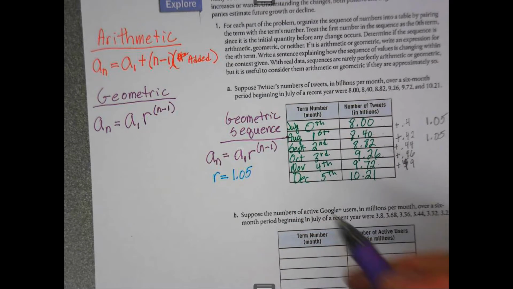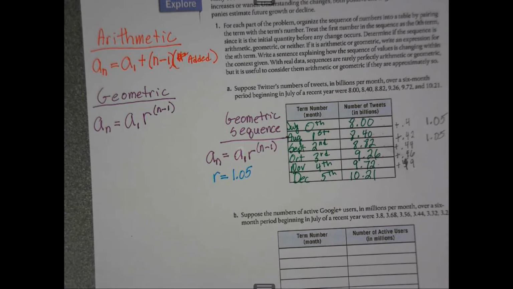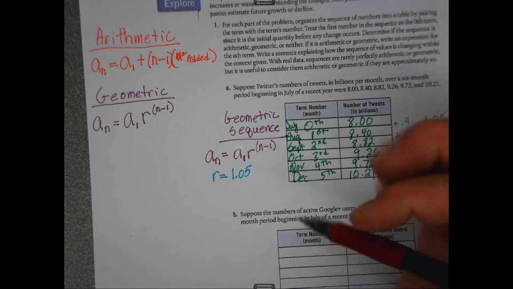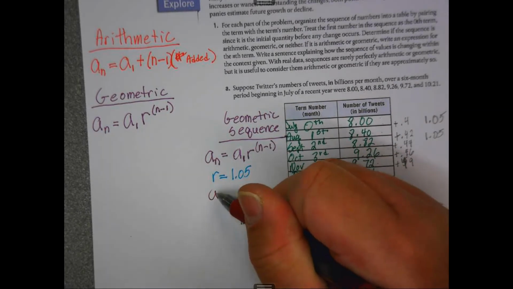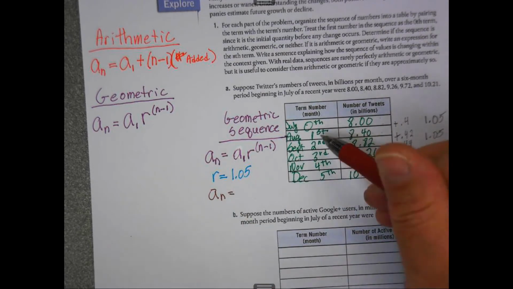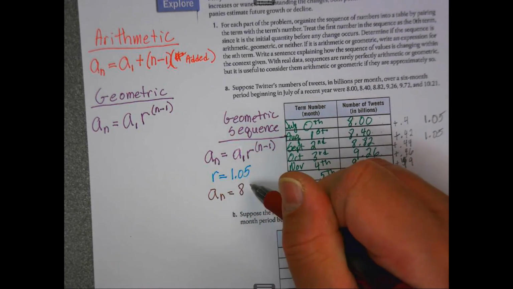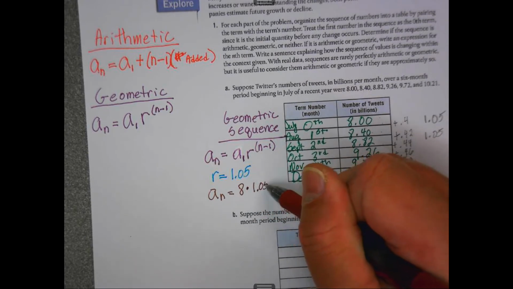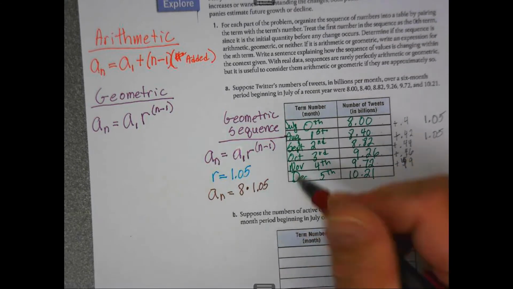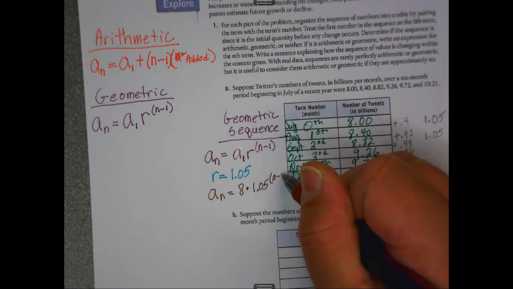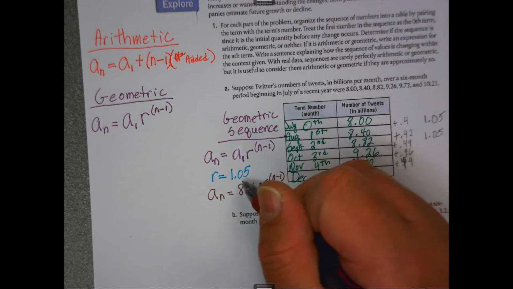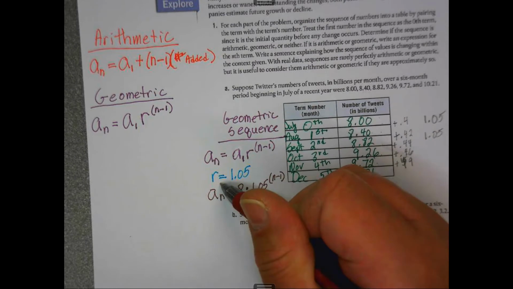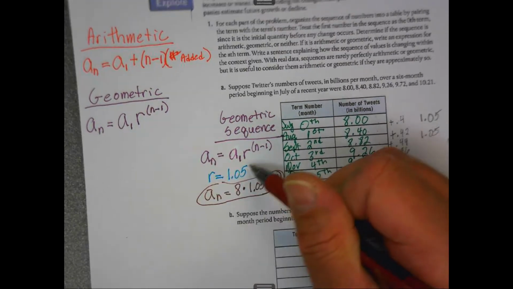So for this particular problem, to write it out, my nth term is 8 times 1.05 raised to the n minus 1. Now, don't multiply that out, because order of operations says you have to do the exponent first. But there's my formula for this problem.